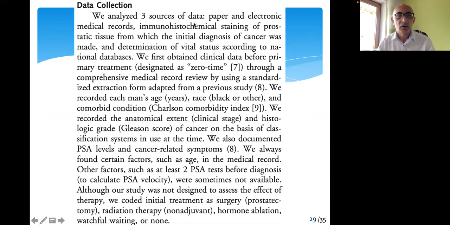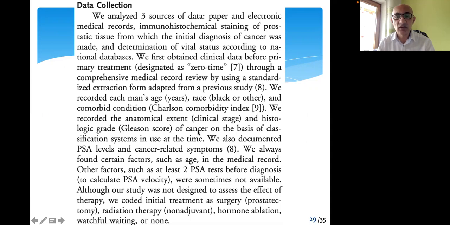So the sources of information were paper-based, electronic medical records, etc., and then how they extracted the data from these records, and what kind of information they recorded: age, race, you see, comorbid conditions.